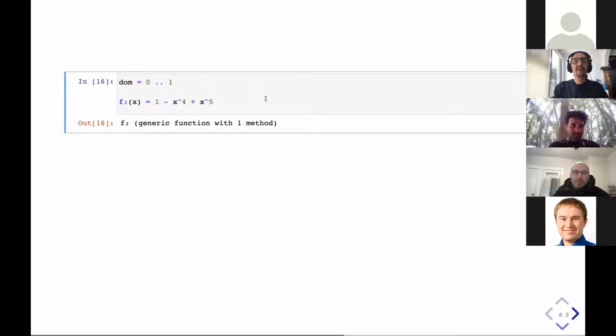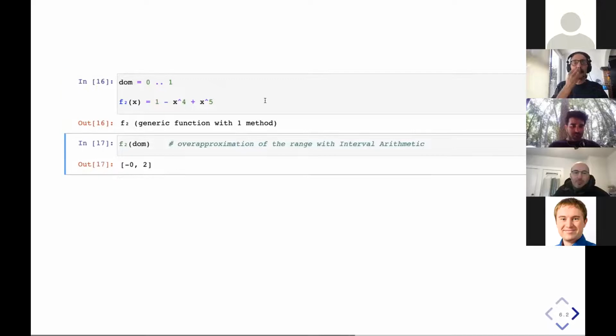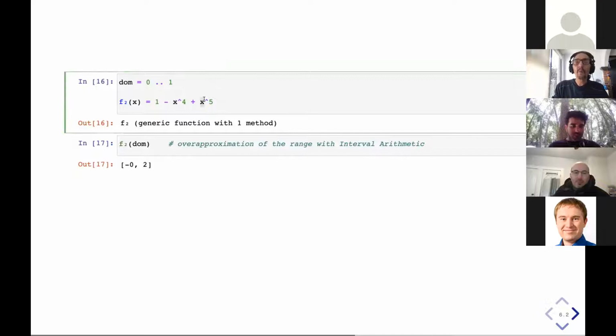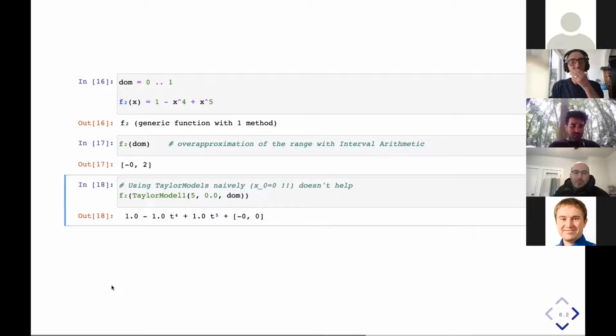This is the direct evaluation with interval arithmetic, and you get a very wide range. The problem, as David described before, is that you have more than one instance of this x, and they are taken as different, and then you get into over-approximations that you don't quite like.